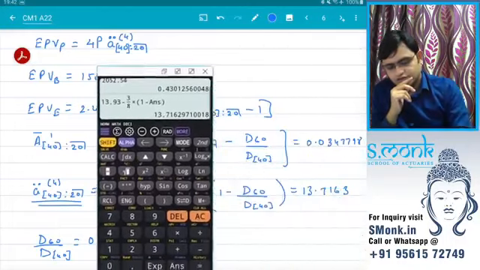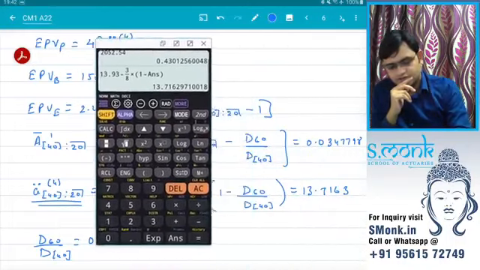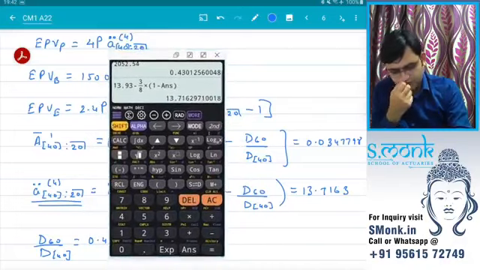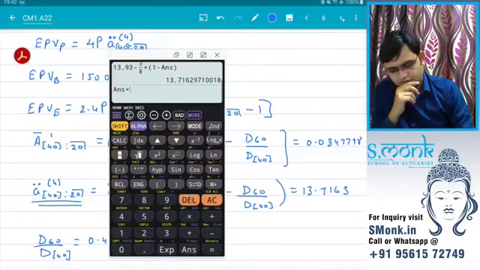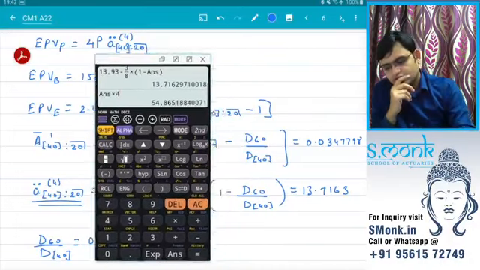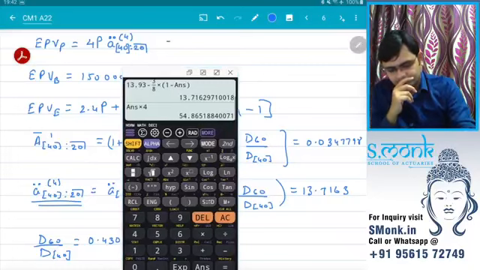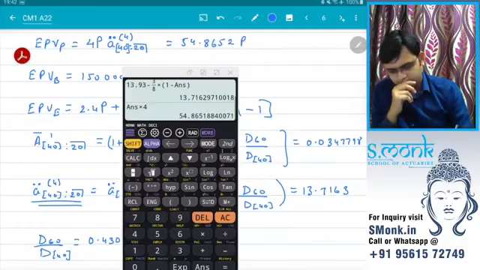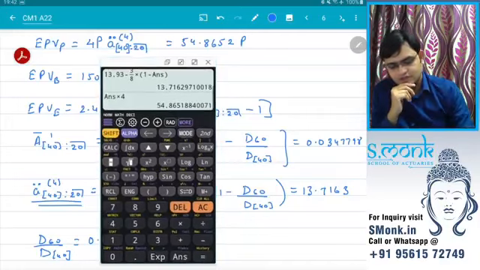So accordingly, what will be our expected present value of premium? This much into 4 gives me 54.865P. 54.865P.